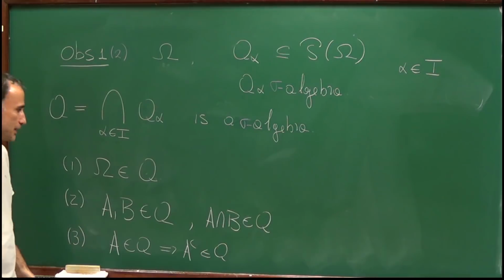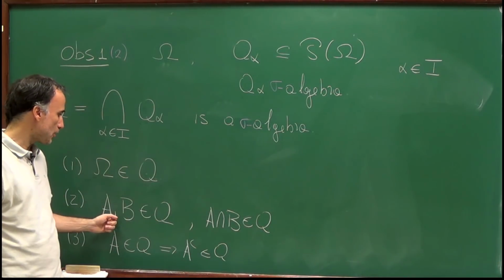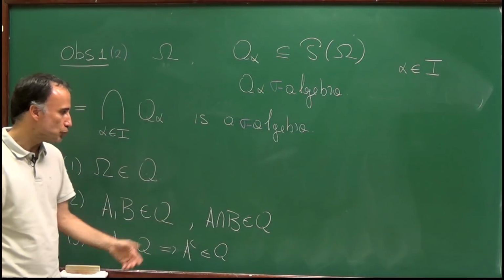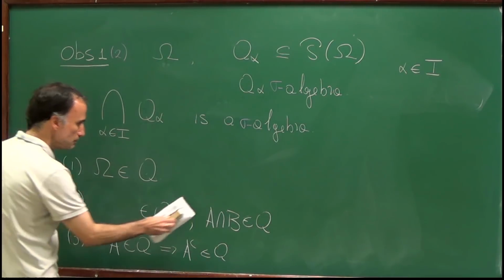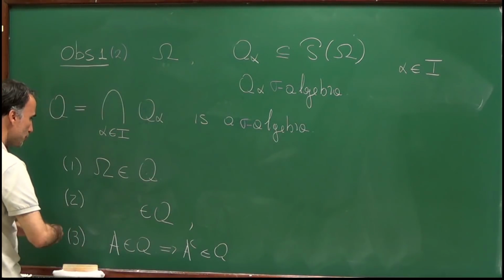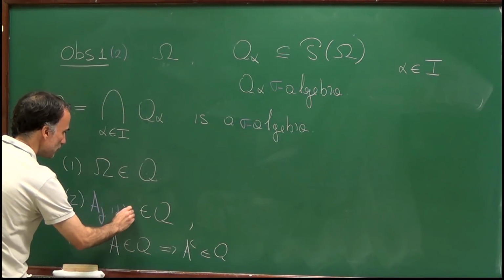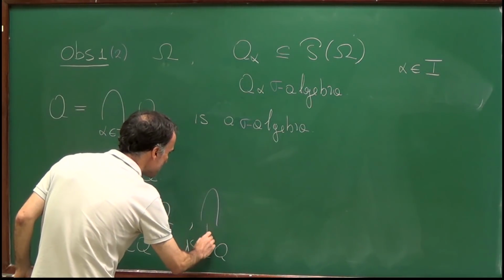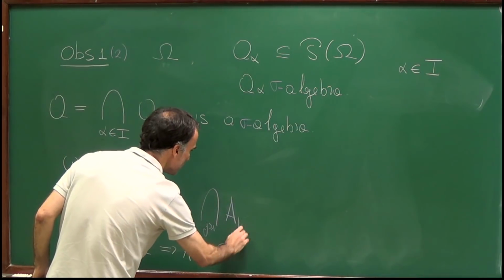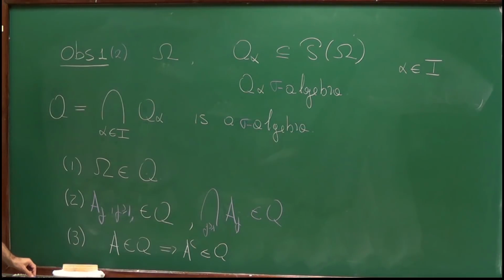So that's very easy. The difference occurs in the second property, because instead of proving that A is closed under finite intersections, we need to prove that A is closed under countable intersections. So here we have to consider a class of sets Aj which belong to A, and we have to show that the intersection of these sets Aj belongs to A. But we can apply essentially the same argument.